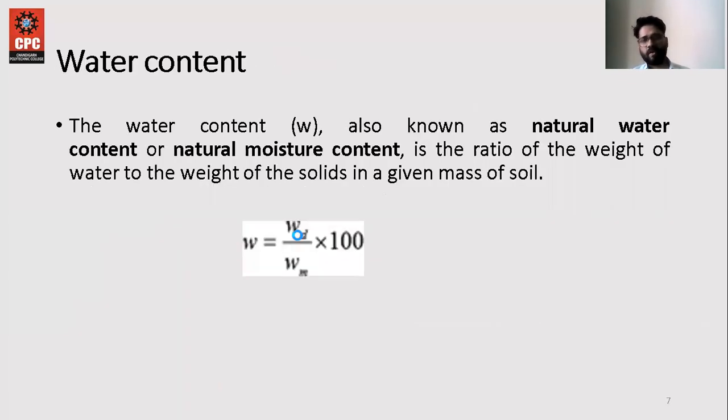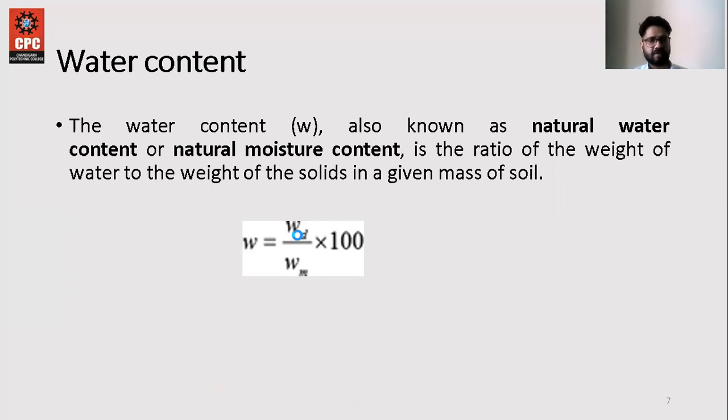The next property of soil is water content. Water content, also known as natural moisture content, is the ratio of the weight of water to the weight of the solids in a given soil mass. Because it is expressed as a percentage, we multiply it by 100.